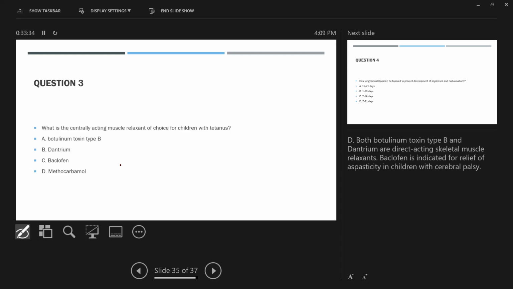Question 3. What is a centrally acting muscle relaxant of choice for children with tetanus? A, botulinum toxin B; B, Dantrium; C, baclofen; and D, methocarbamol.